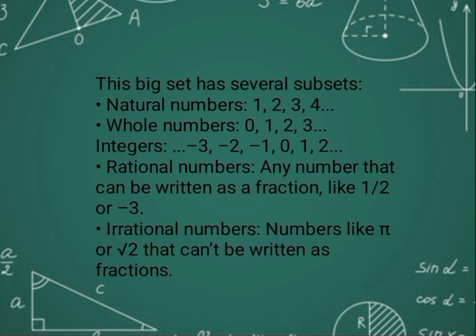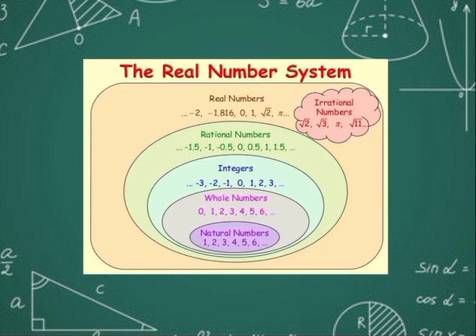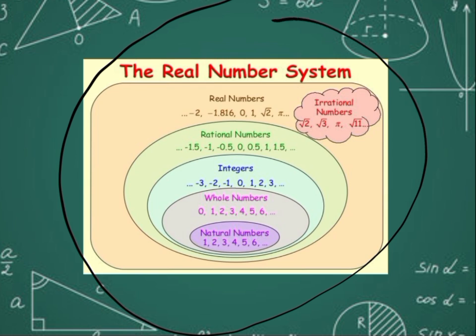And the irrational numbers, like I said before, numbers like pi or square root of 2 that cannot be written as fractions. So this is the illustration of the real number system. As you can see, the real numbers, irrational numbers, rational numbers, integers, whole numbers, and the natural numbers.